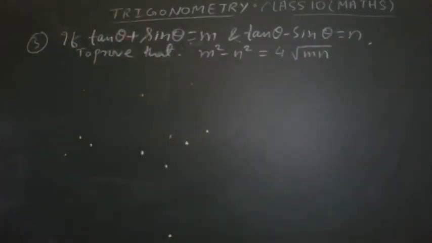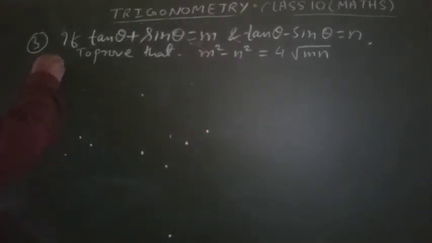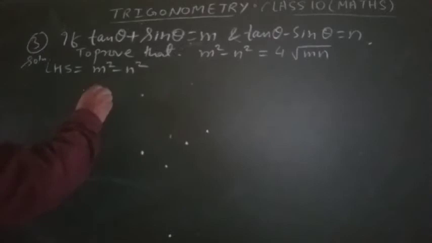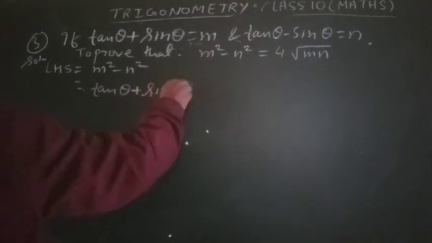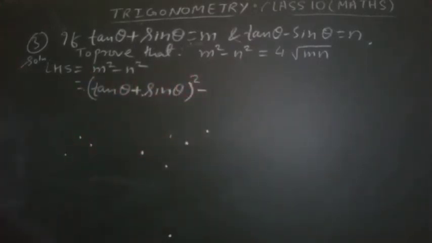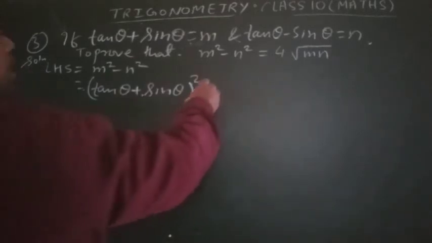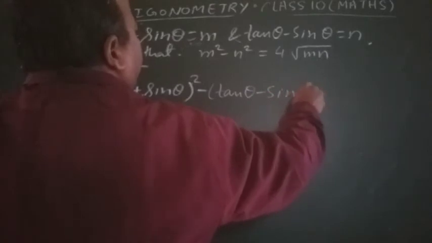How? So look, I am going with the LHS. The LHS is m^2 minus n^2. The solution: the m value is (tan theta plus sin theta) whole square, and the n value is (tan theta minus sin theta) whole square.